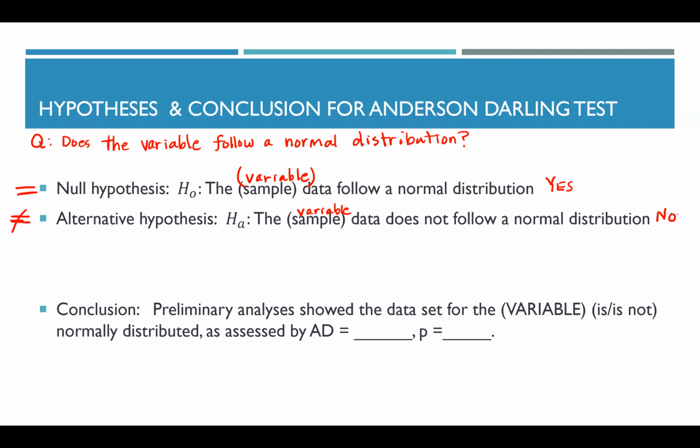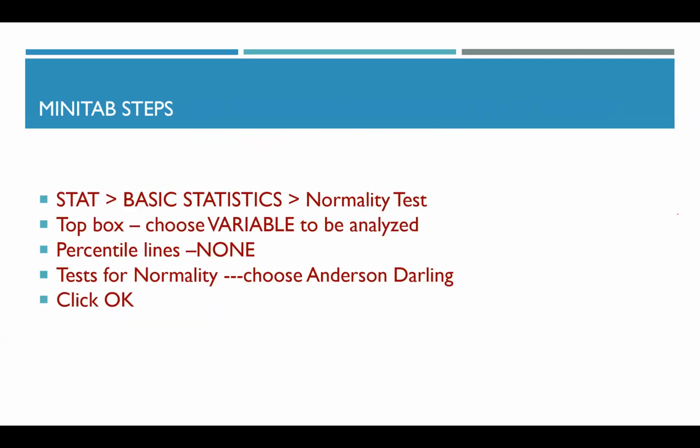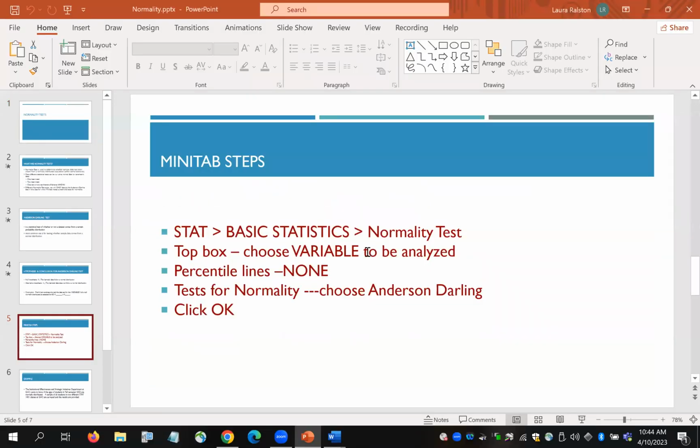The first hypothesis test that we're going to focus on is the test for normality using Anderson-Darling. I have the keystrokes for Minitab on slide 5 of the normality test PowerPoint.